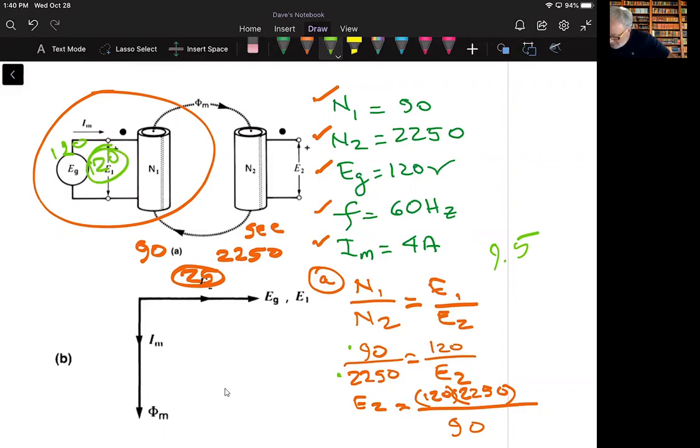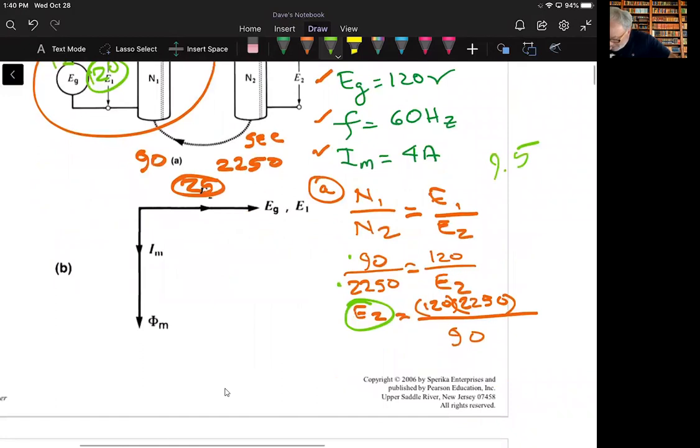Basically, we're solving for E2, the secondary voltage. When we do that, multiplying 120 by 2,250 divided by 90, we get that E2 is 3,000 volts.